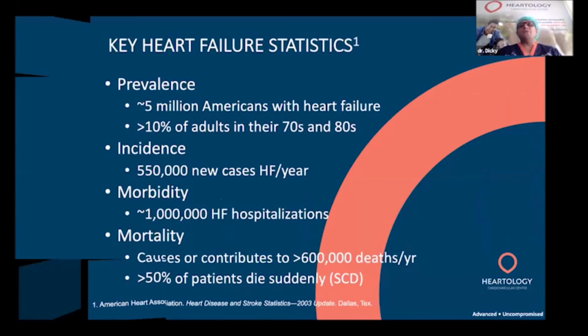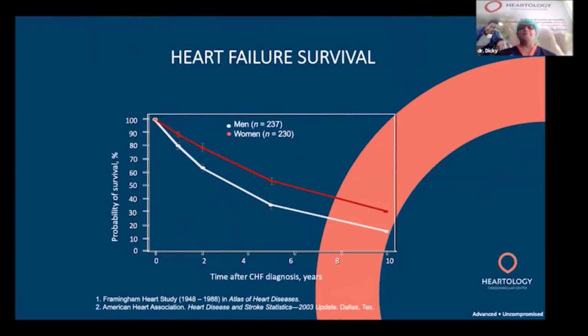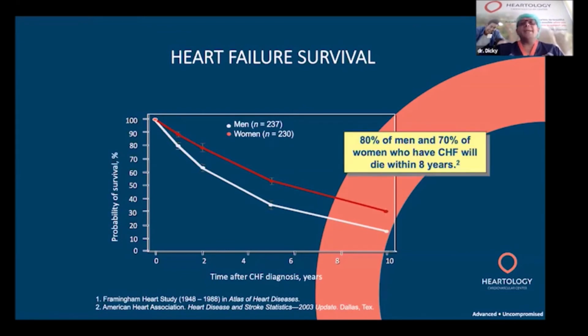So even though these patients are already on optimal medical therapy and have been revascularized, the survival is still reduced. You can see that 80% of men and 70% of women who have congestive heart failure will probably die within 8 years.